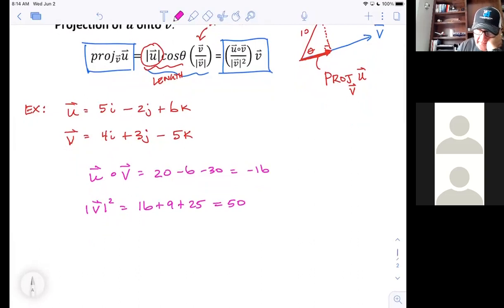So your multiplier for the projection of U onto V is -16/50, and that's just multiplied by vector V, which I'll write this way.